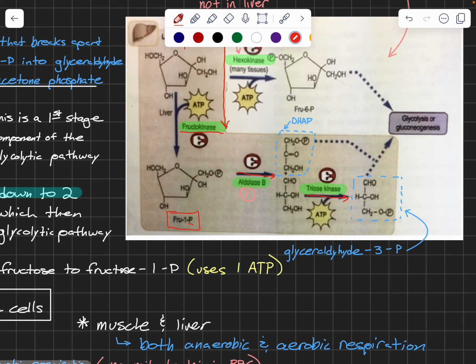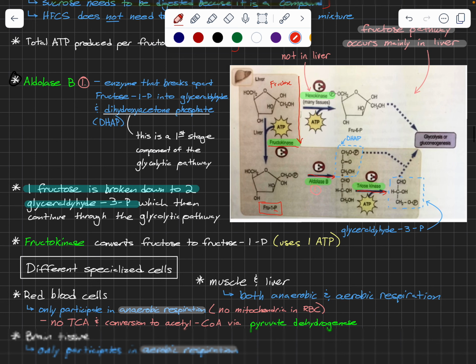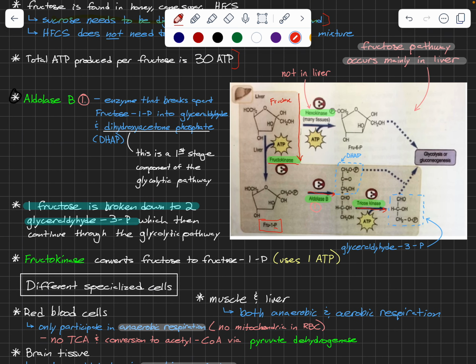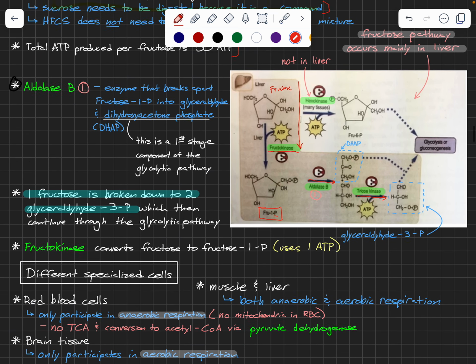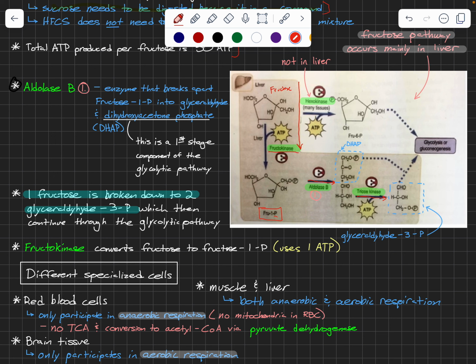The main gatekeeper of turning fructose 1P into DHAP or glyceraldehyde 3P is going to be aldolase B. Aldolase B is one of the main enzymes that acts upon fructose 1P. And if you go and look at some of the practice problems that are floating around, a lot of the questions that reference fructose are going to reference the enzyme aldolase B.